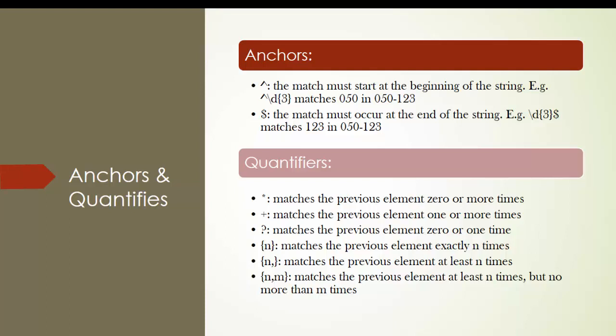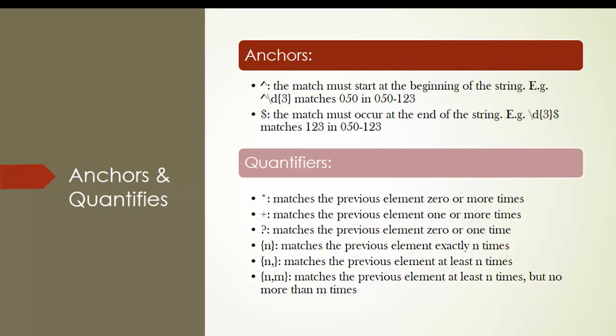If a certain pattern is optional, or if this pattern exists 0 or 1 time, then you need to use the question mark. If you want to check if a certain pattern exists a certain number of times, then you need to enclose the number between curly brackets.